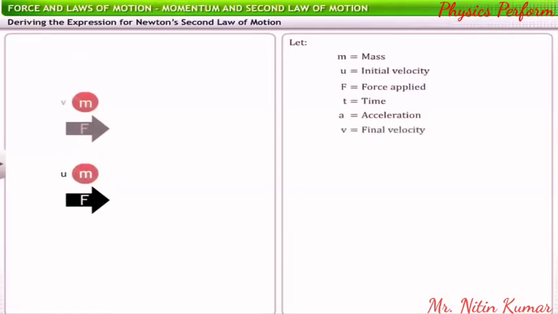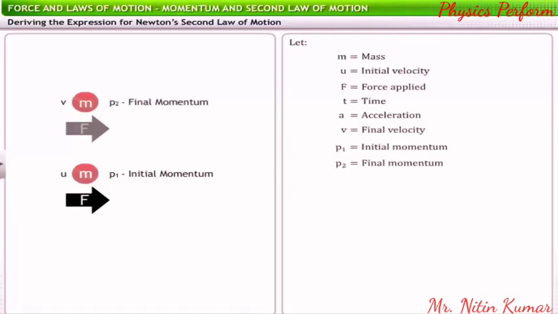In the time period t, the ball accelerates to a final velocity v. Let p1 be the initial momentum and p2 be the final momentum of the ball. By the definition of momentum, p1 is equal to mu. p2 is equal to mv.